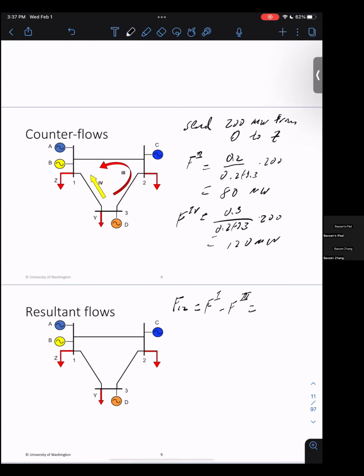So this is 160 minus 80. Flows will cancel. You have F13. This is F2 minus F4. This is 240 minus 120. This is 120 megawatt. And similarly for F23.